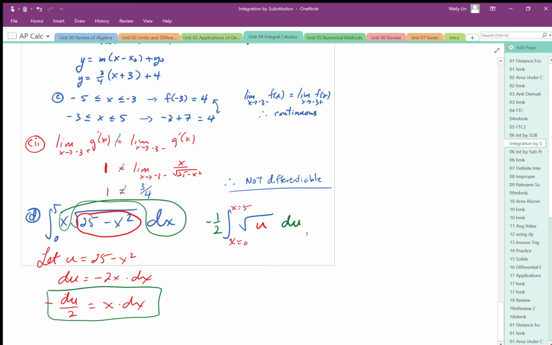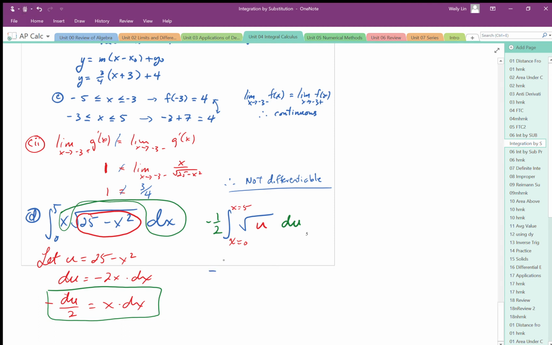Now it's a little bit more of a formality because we're going to end up changing it back to x. But if we left it at 0 to 5, it would imply that we're integrating from u equals 0 to u equals 5. And if we want, we could actually solve for u using that expression from x equals 0 to x equals 5, and plug in to find out what the u's would be at those points. So I'm just going to do this for x's, because in general we change it back to x's.